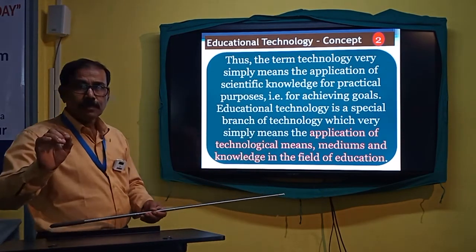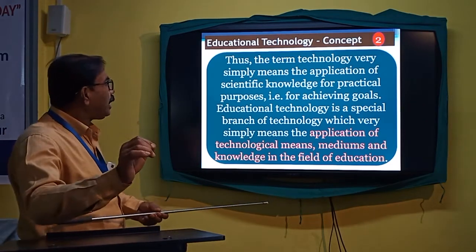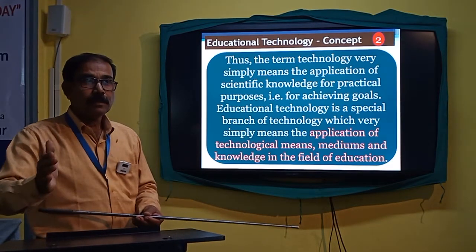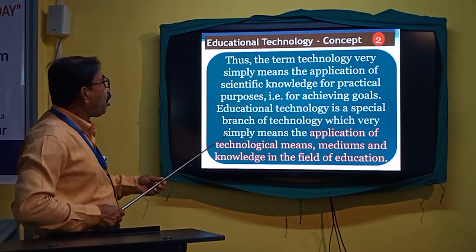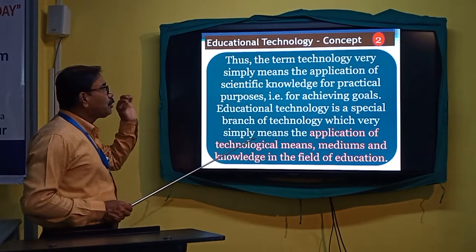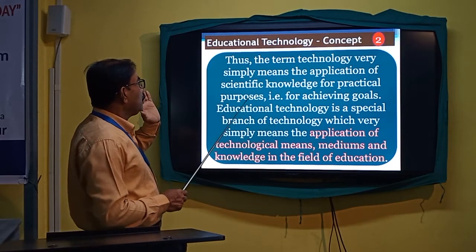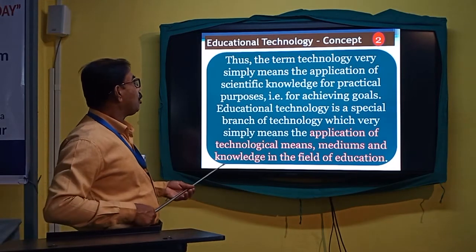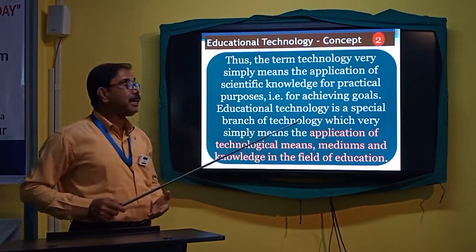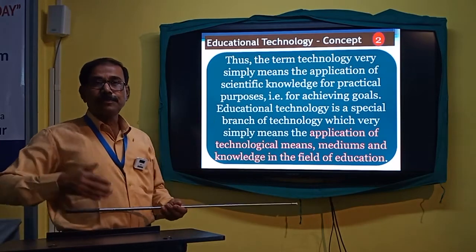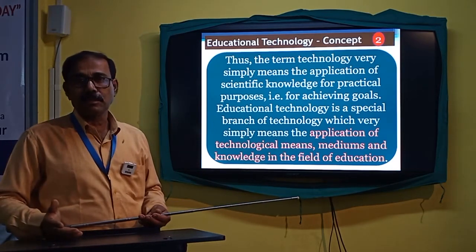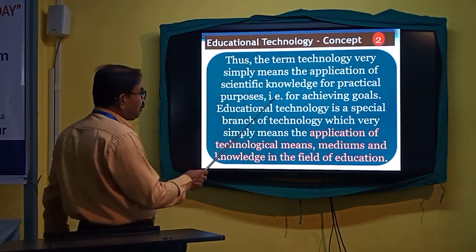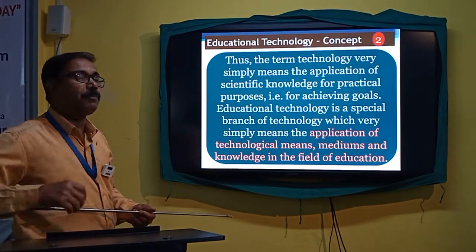From the educational standpoint, by the term educational technology we mean the application of scientific knowledge for practical purposes, and here practical purposes means achieving the goals of the system of education.